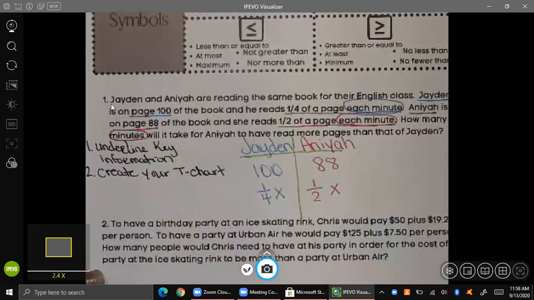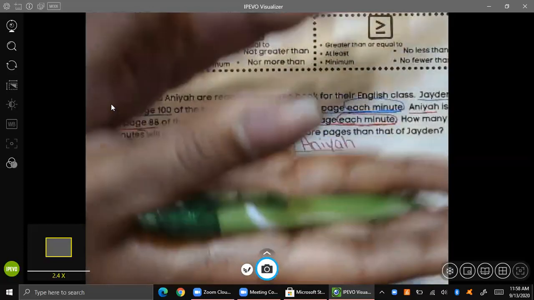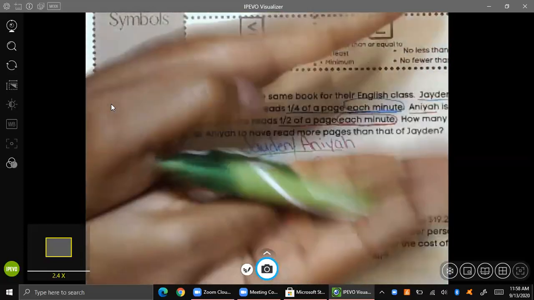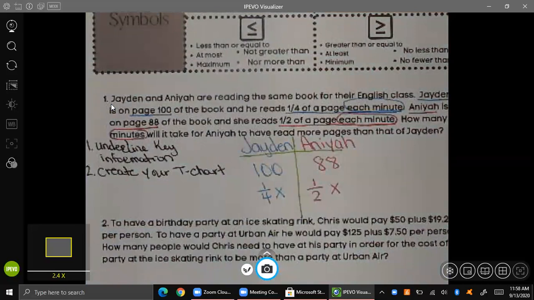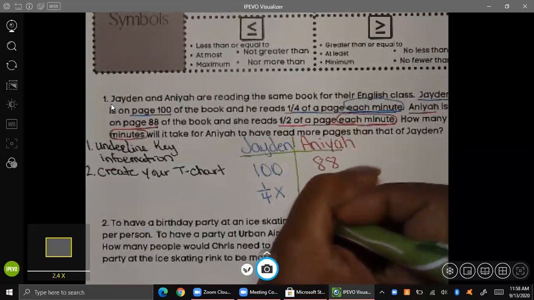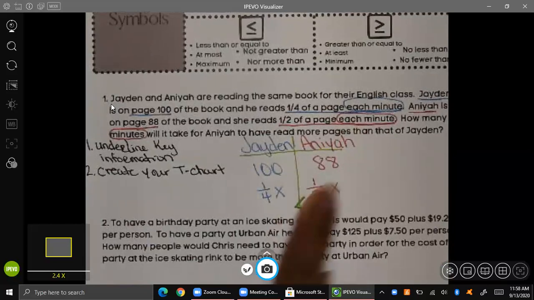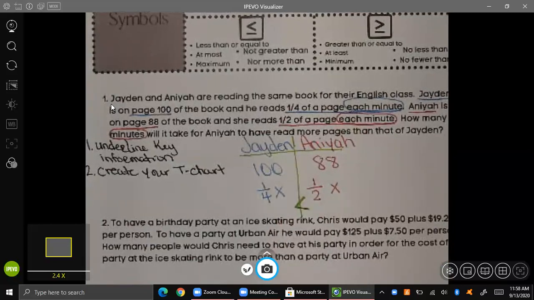So we want Anaya to have more pages than Jaden. Remember the alligator symbol where we say the alligator eats the bigger number? So we want our sign to open up towards whatever we want to be more. And we want Anaya to be more, so our sign will go this way. It just needs to open up towards Anaya. Doesn't matter which way you write it, it needs to open towards Anaya.